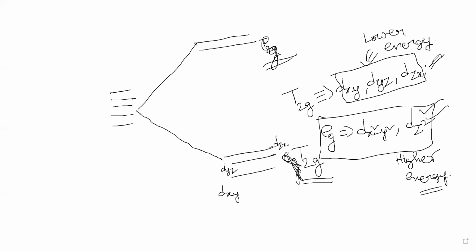Up to this point it is sufficient, and then there is something called delta naught. This I will tell you later. Delta naught is the total energy of splitting. Sometimes it is called octahedral splitting energy or crystal field splitting energy in the octahedral field.